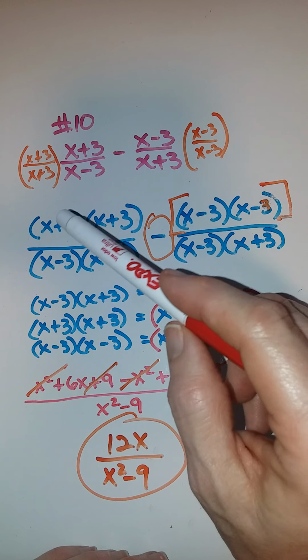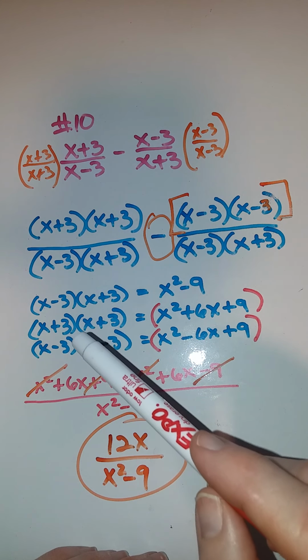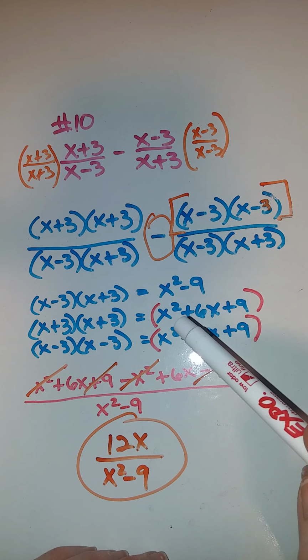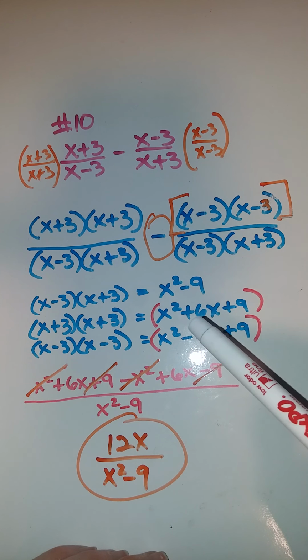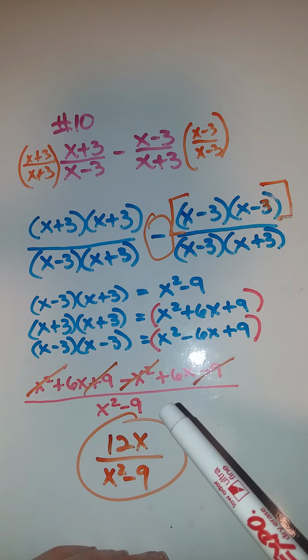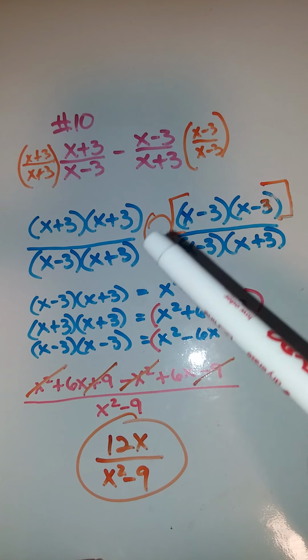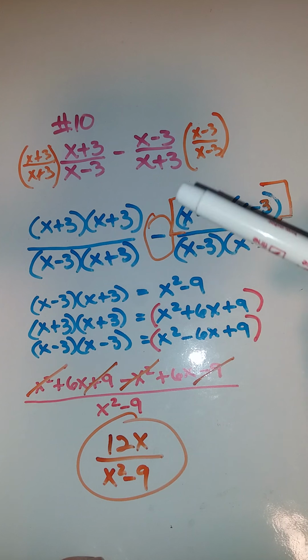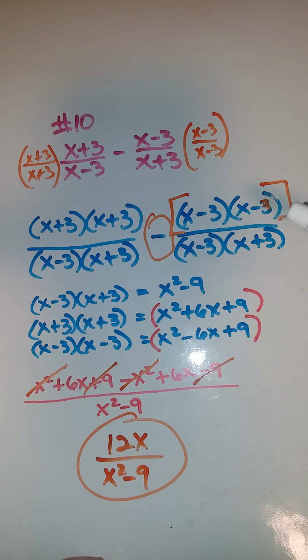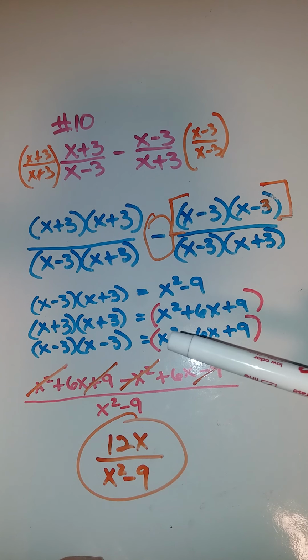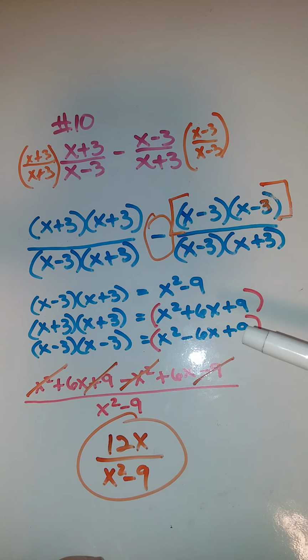And then if we look at x plus 3 squared, that turns into x squared plus 6x plus 9. But if we remember, we're doing subtraction here, and we've got to apply it to this entire numerator, which means that we're going to end up having to change the signs on every single element after we've FOILed.